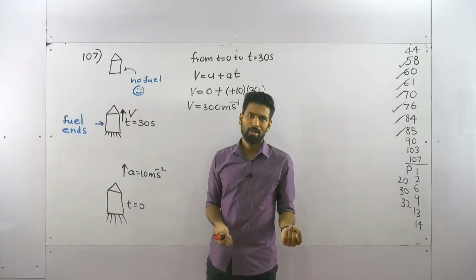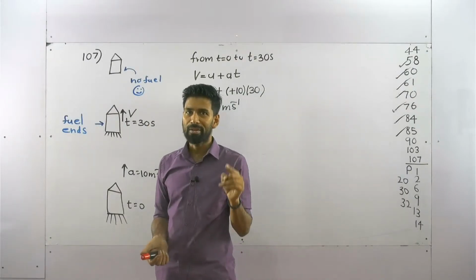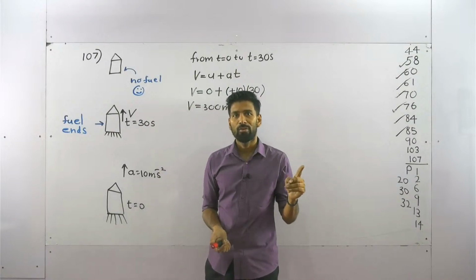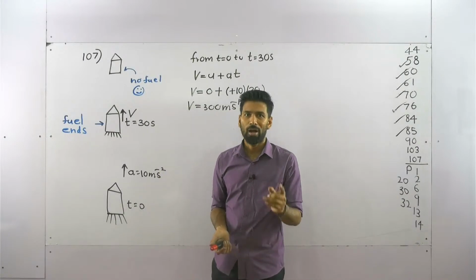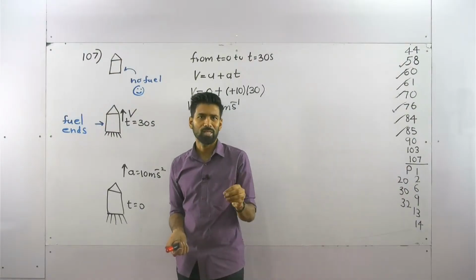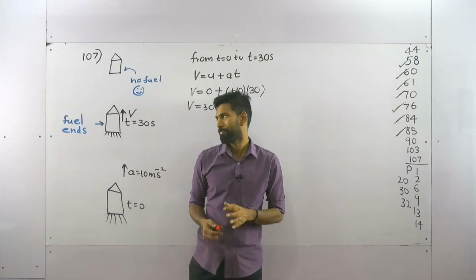Fuel is over. Now, as the fuel is over, it can't burn fuel and create that additional force which helped the rocket to accelerate upward. So from the 30th second, the rocket is just the same as a stone which was thrown upward.